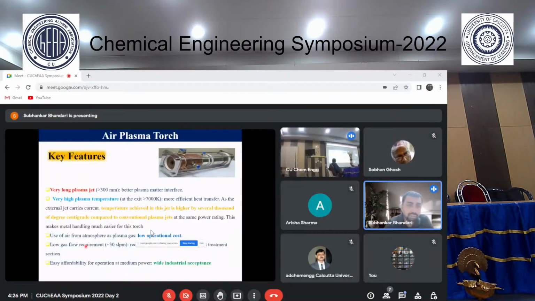The first one is that it has a very long plasma jet, of the order of 300 mm. And it can produce very high plasma temperature, more than 8,000 degrees Celsius. It uses air, which is freely available from the environment, and the airflow requirement is considerably low, only 30 LPM, and power is also low, only 30 kilowatts.